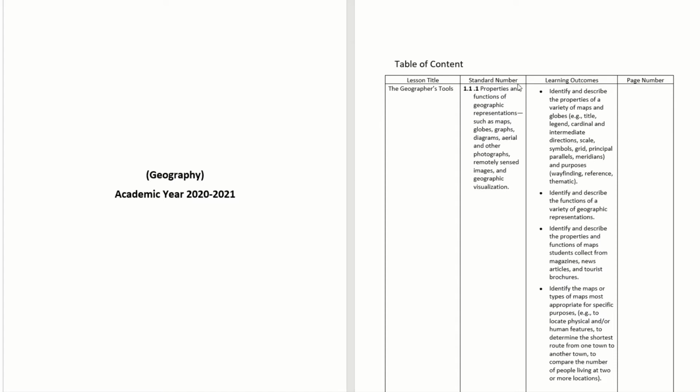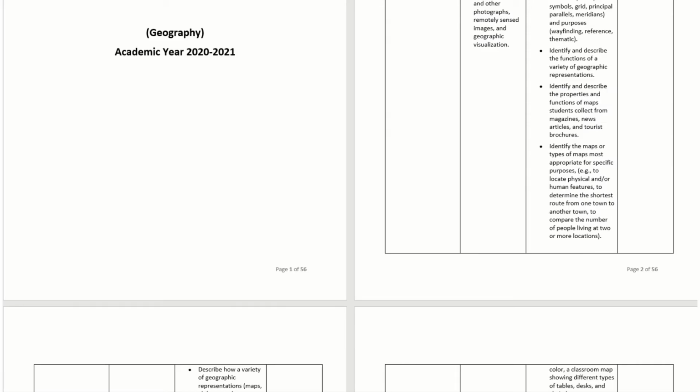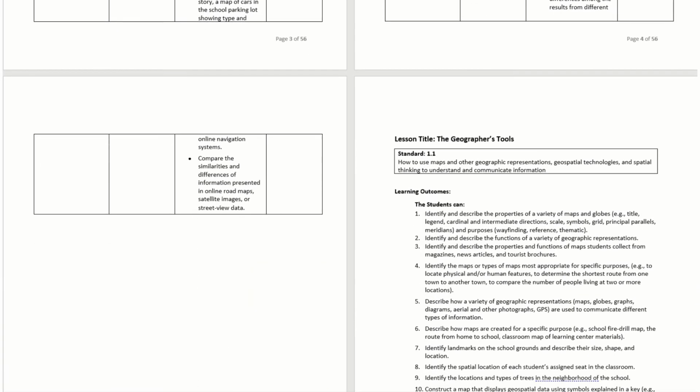The second part depends on the standards or standard number. You can see here the indicator, which is part of standard 1.1, and that shows how to use maps and other geographic representations, geospatial technology and spatial thinking.